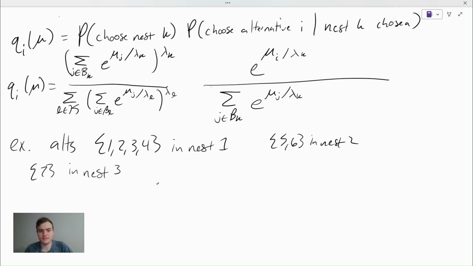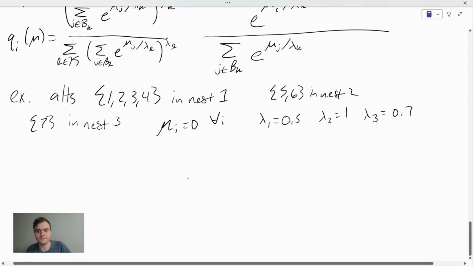So for simplicity, we'll do mu I equals 0 for all I, and then we have to choose the lambdas for each nest. The dissimilarity parameter lambda 1, let's be 0.5, lambda 2, let's be 1, and lambda 3, let's be 0.7. So lambda 2 has the most diversity among the group, so it has more potential value to the customers.